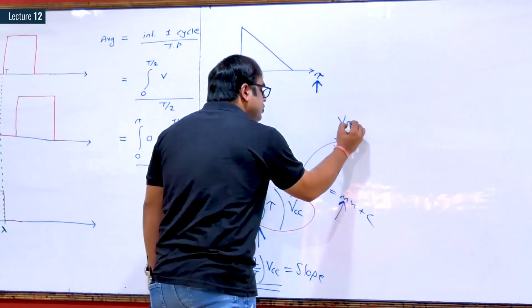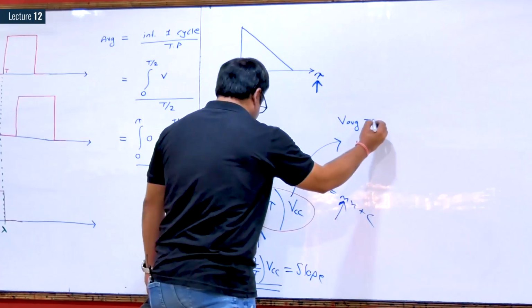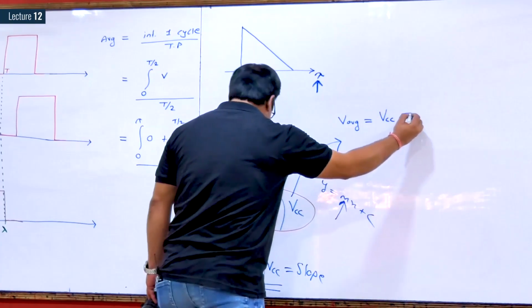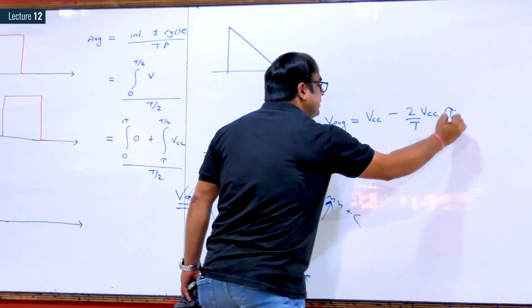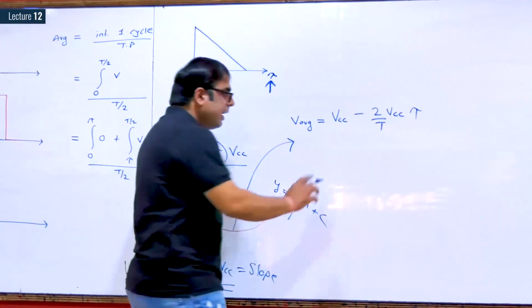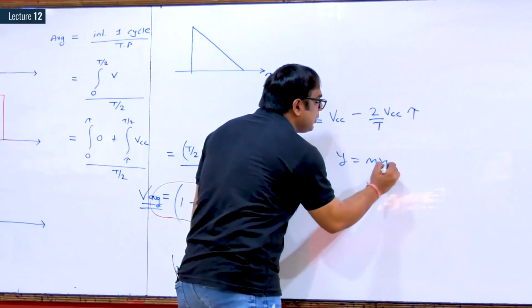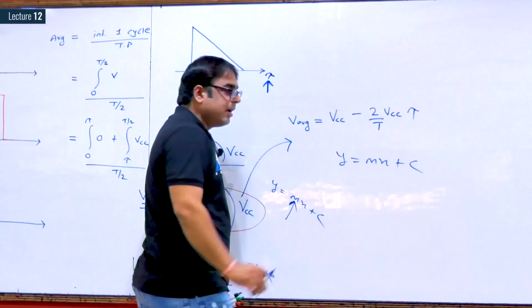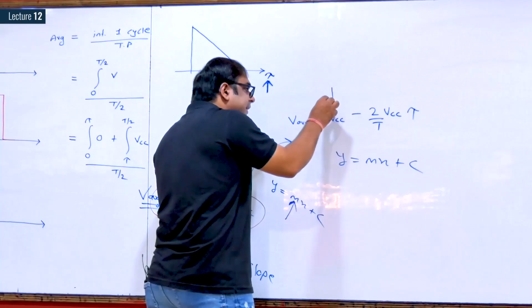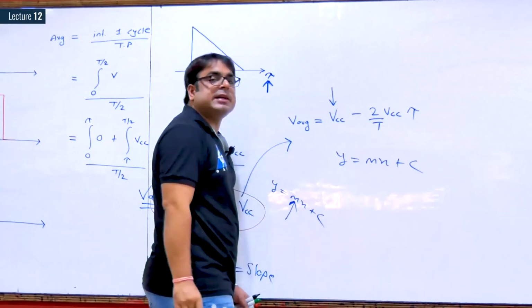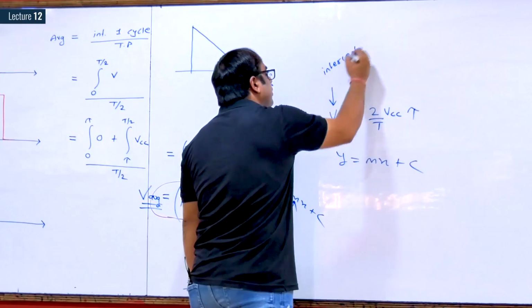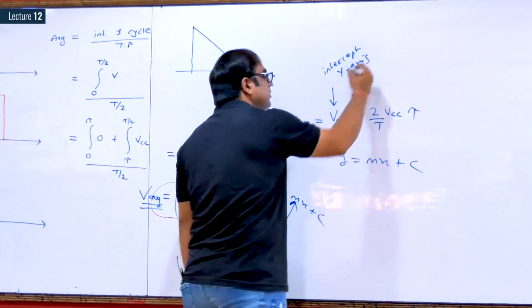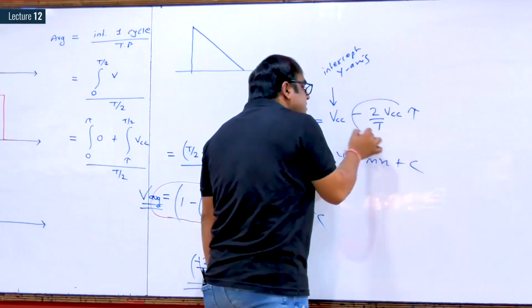V average is equal to VCC minus 2 by T times VCC tau. Comparing with y is equal to mx plus c, c is the intercept on the y-axis, which is VCC, and this is your slope.